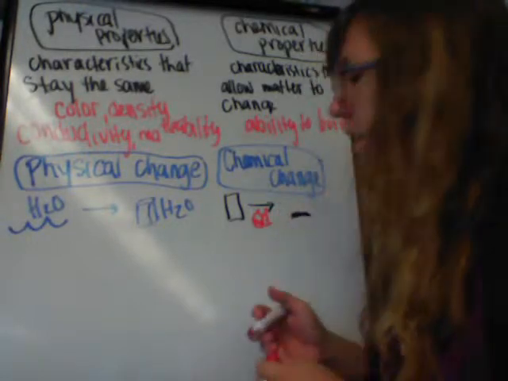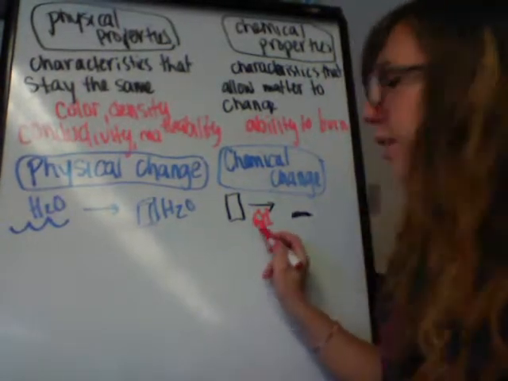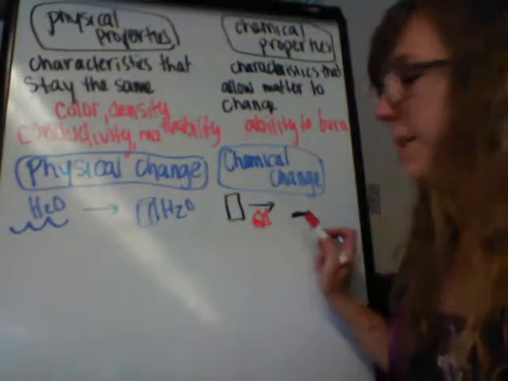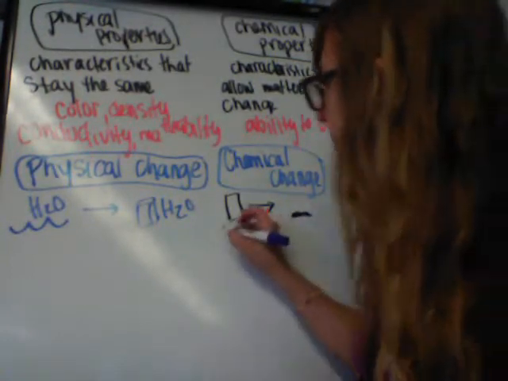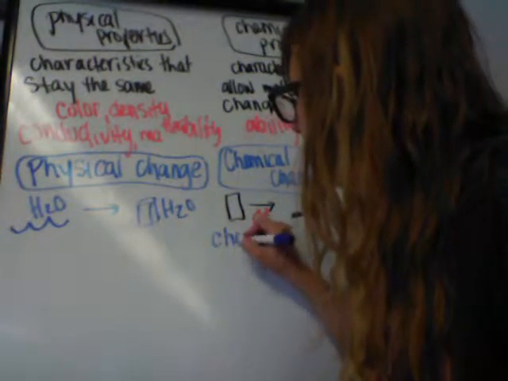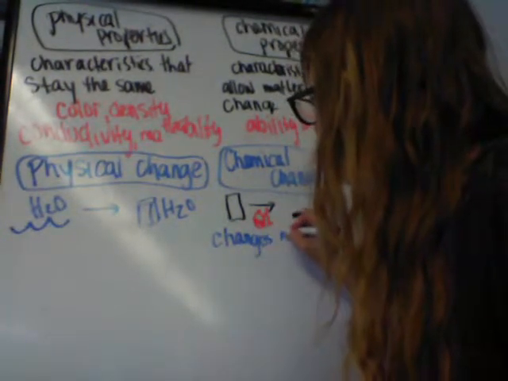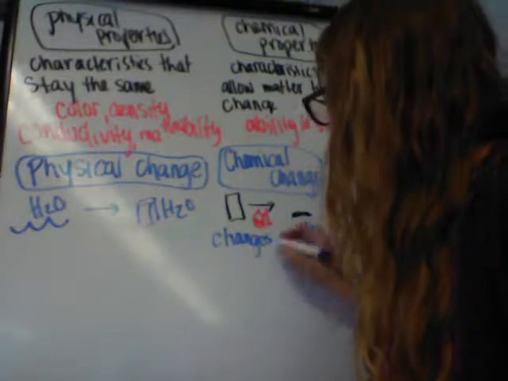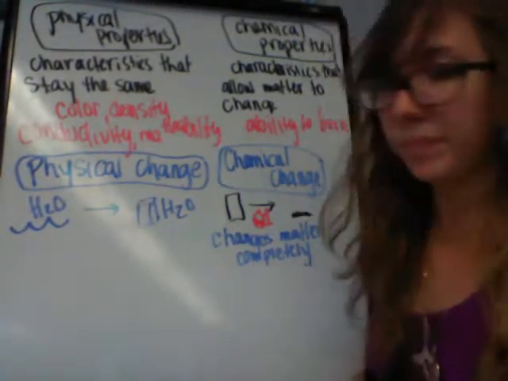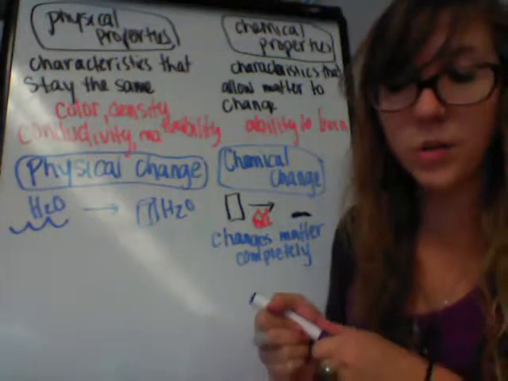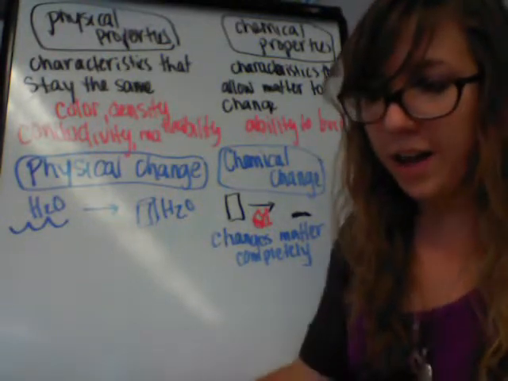It completely changes, that's on fire by the way. So the paper burns and then you have ashes. It changes the matter completely. That's super important for us to understand.